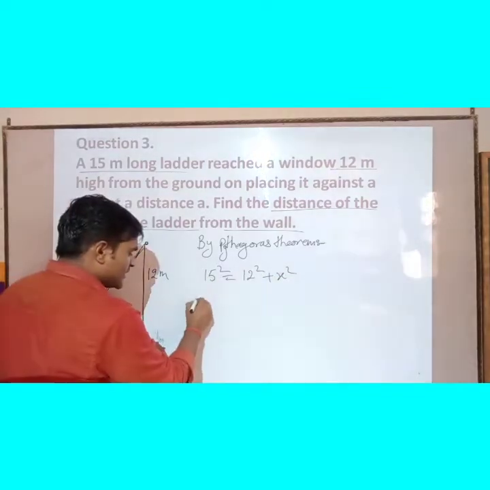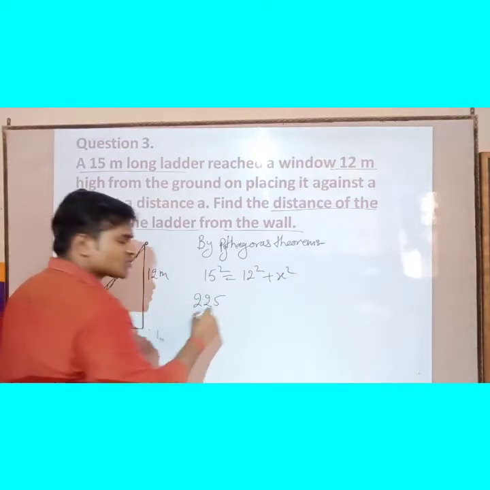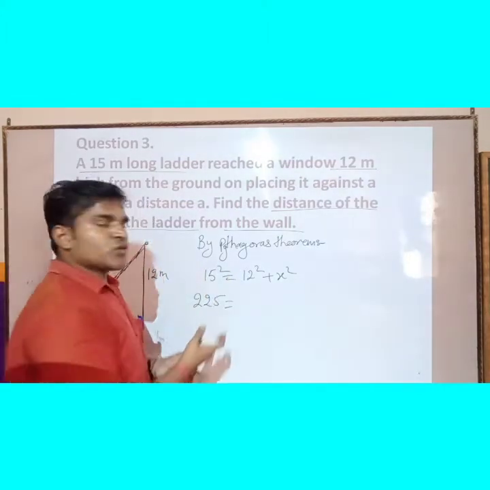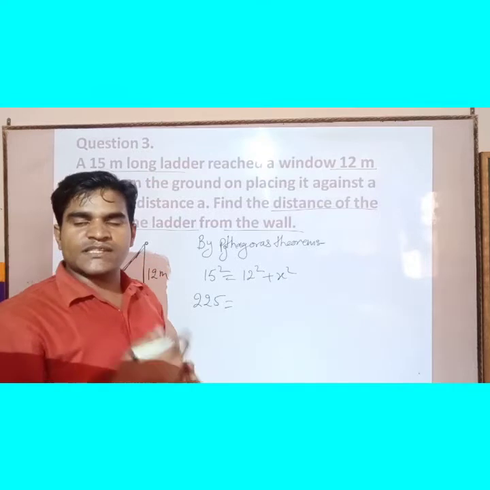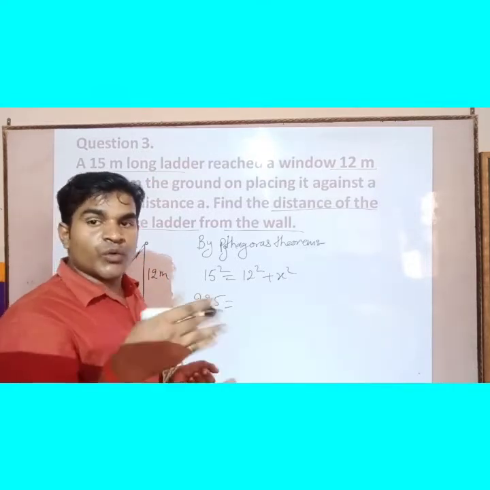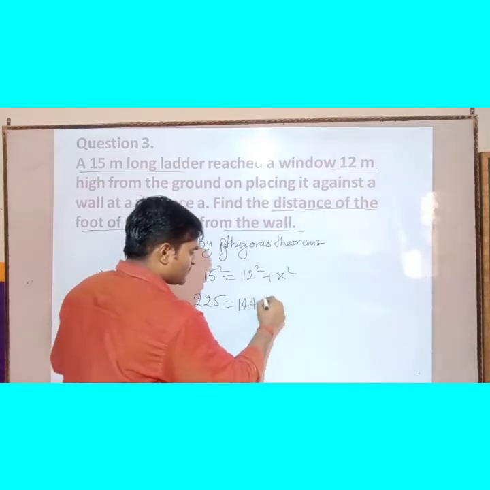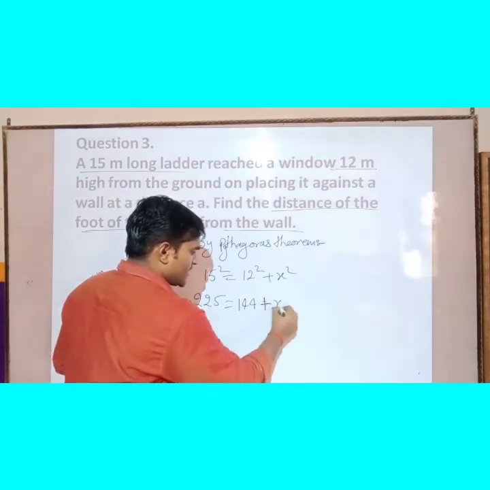Okay, so 15 square, that is 225. 15 multiplied by 15 is 225. Square of 12 means 12 multiplied by 12. So what you will get, that is 144, plus x square.